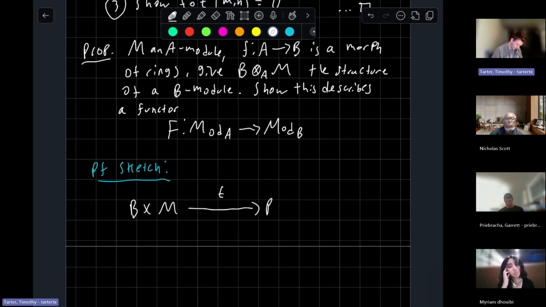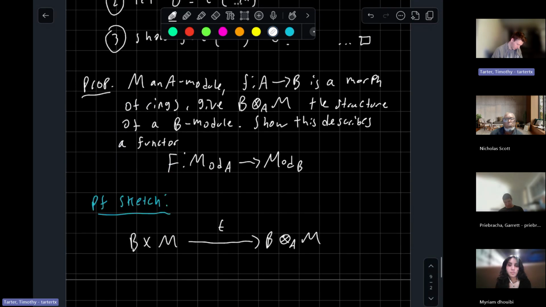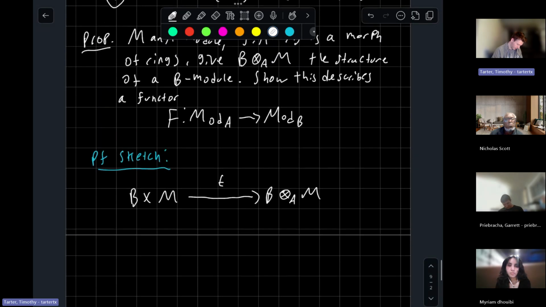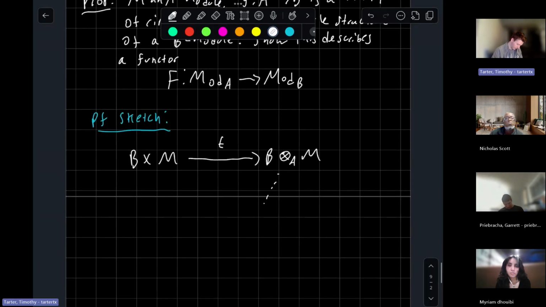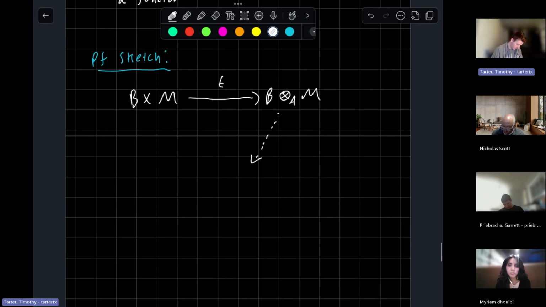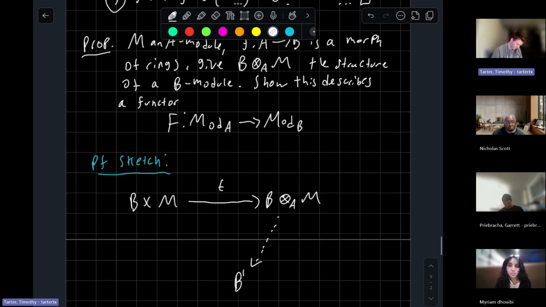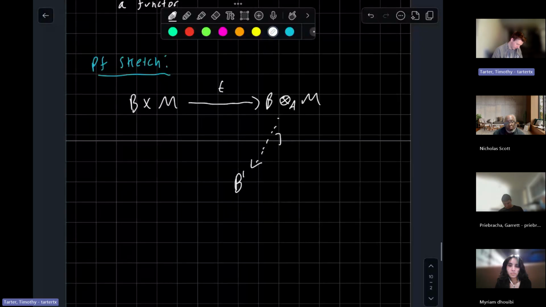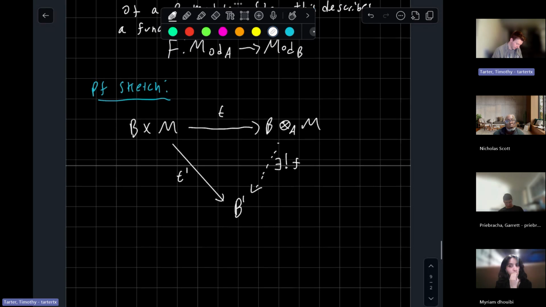T goes to B tensor product A with an A module, which factors as a B module, which we will call B prime. By the universal property of tensors, we get that this factors uniquely, and that T prime is bilinear.